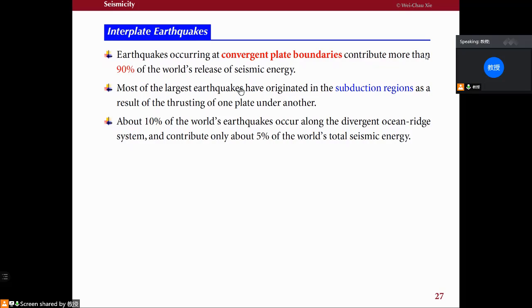Most of the largest earthquakes have originated in the subduction regions as a result of the thrusting of one plate under another. About 10% of the world's earthquakes occur along the divergent ocean ridge system and contribute only about 5% of the world's total seismic energy. Okay, so 90% of the earthquakes occur at a convergent plate boundary.